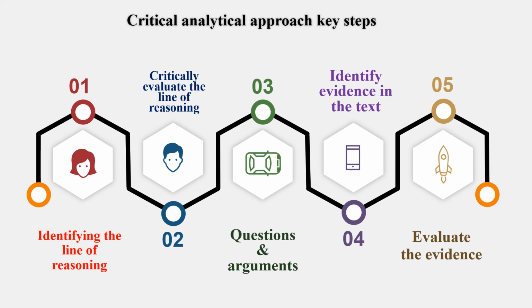The last thing is to evaluate the evidence. Here, to evaluate means to assess, to make an assessment of this evidence. When you need to make an assessment of anything, you should put your own guidelines or criteria for evaluation and assessment.